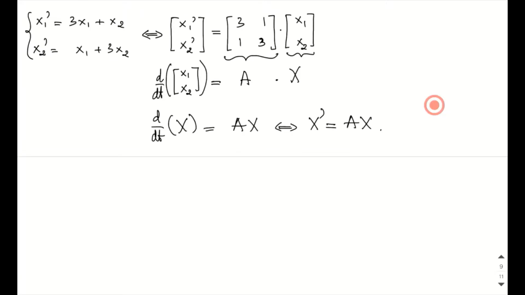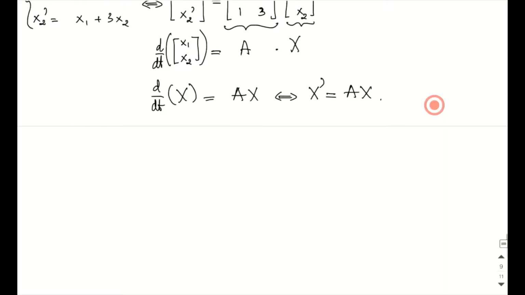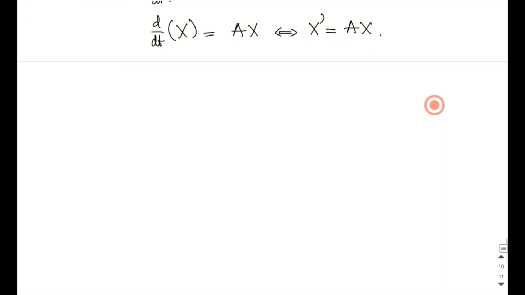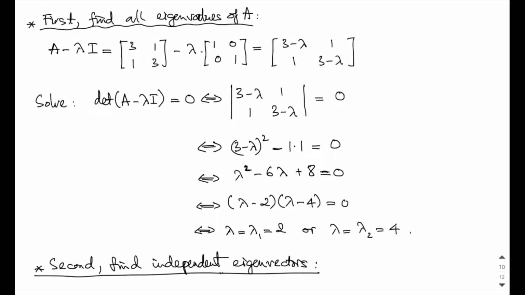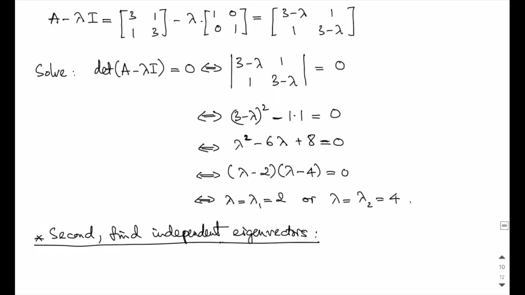So in order to solve this system of linear equations, first we are going to find all the eigenvalues and eigenvectors of A. And so you see that either lambda is the first value 2 or lambda is the second value 4. Now our next step is to find all independent vectors associated to each of the eigenvalues.